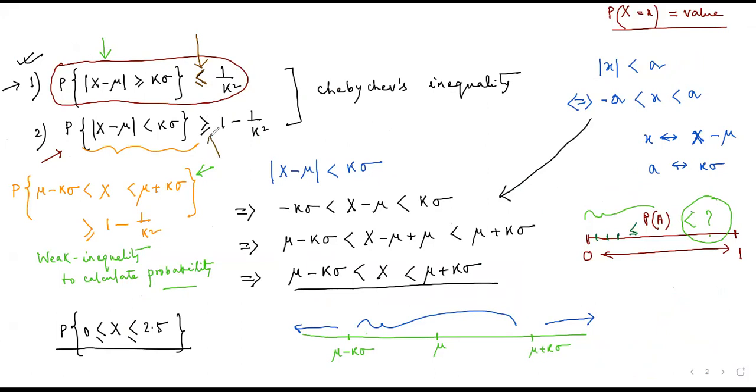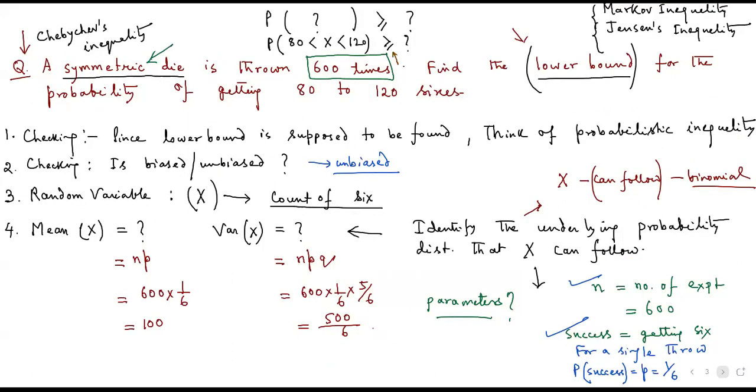And this inequality has a greater than or equal to type. So it is better for this particular problem if I use form number 2 of the Chebychev's inequality. In this manner, we can choose which particular form of the inequality we must select to solve the given problem.